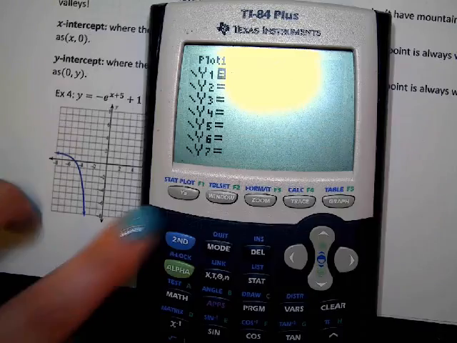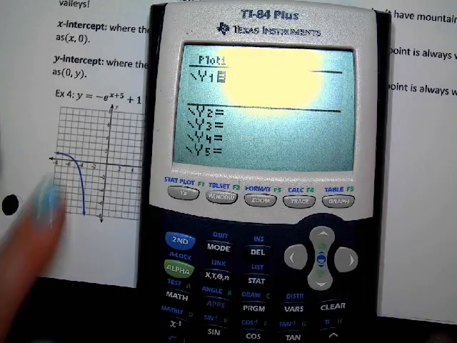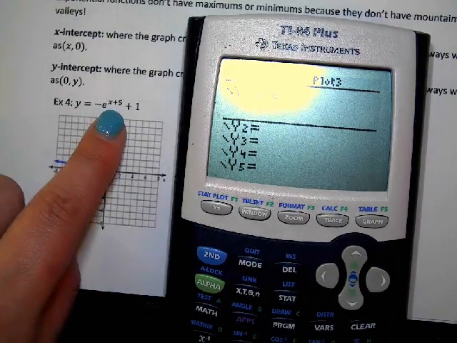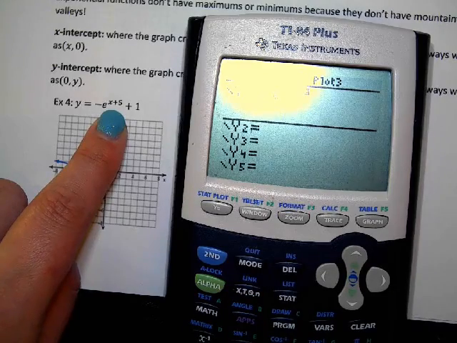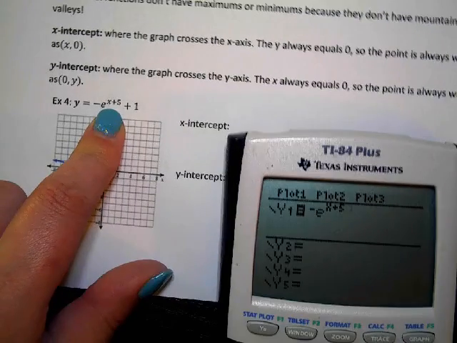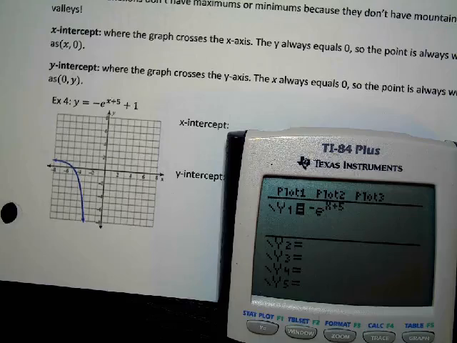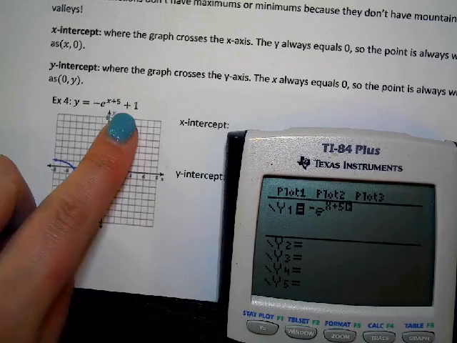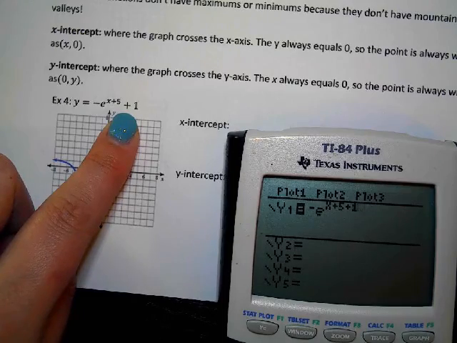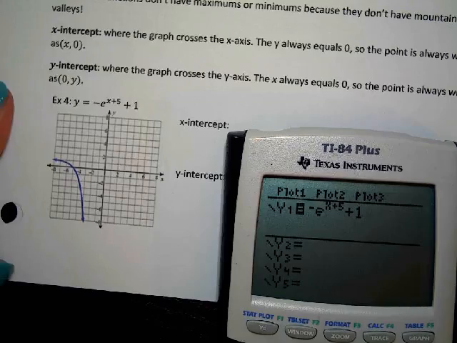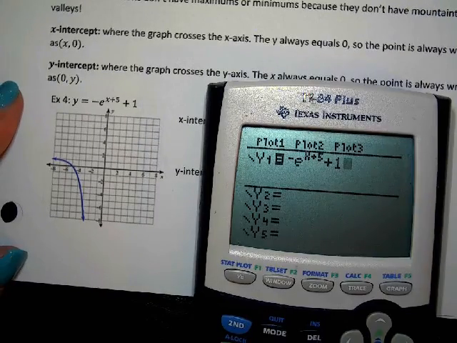There you go, pops that little e on the screen. And then we got x plus 5. Annika, if you're using your old school calculator, you're going to put the x plus 5 in parentheses. All right, plus 1. Make sure you get the plus 1 down there. There we go, plus 1.